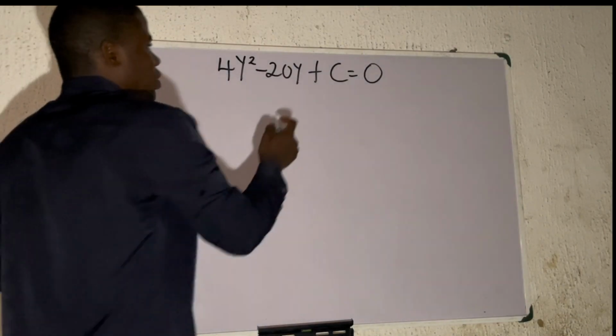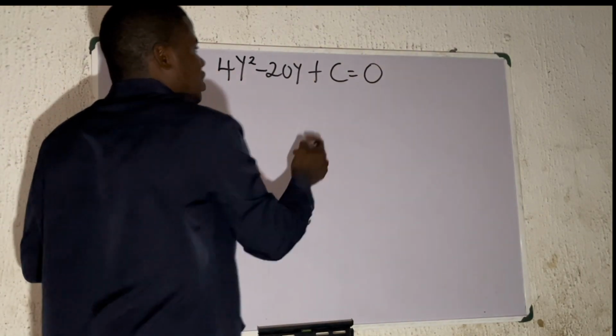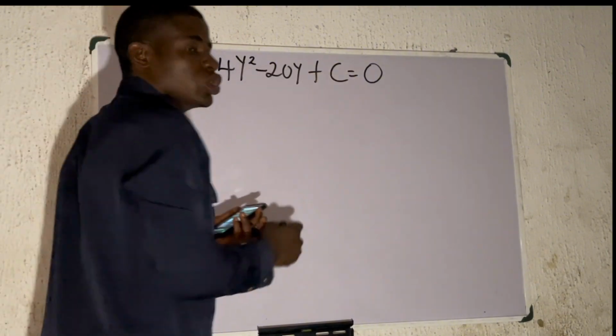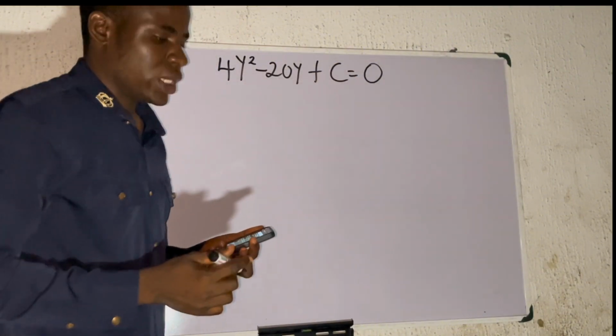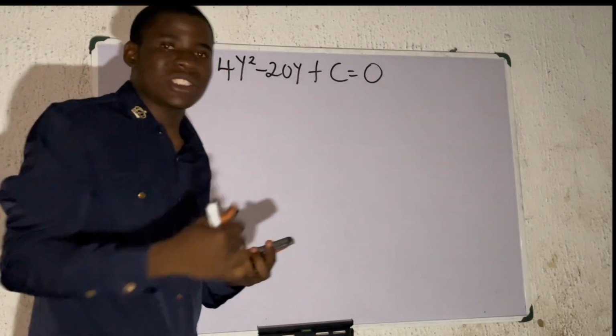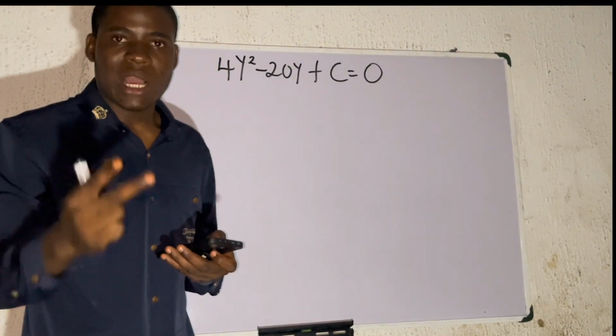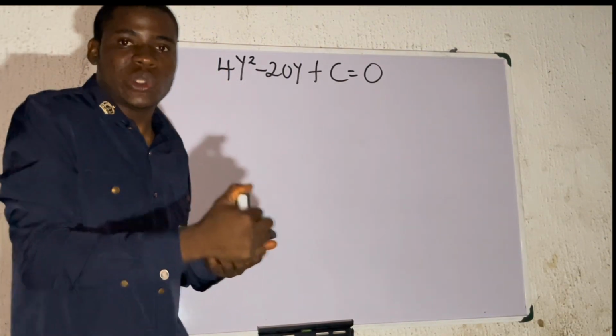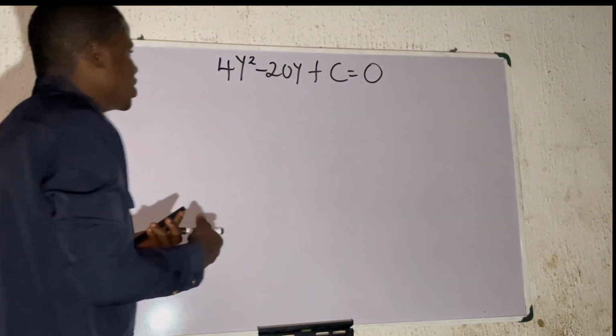Now they are asking us what would be the value of c that will make this quadratic equation become a perfect square. Like I told you, when looking for the missing constant, we have two methods. The first method comes from the completing the square method.